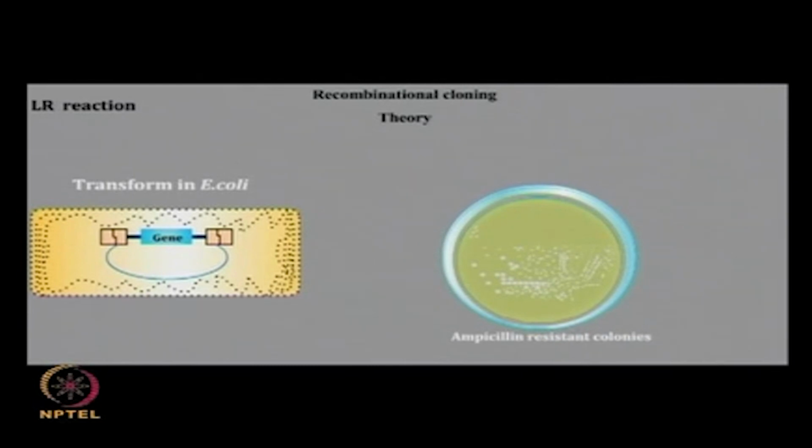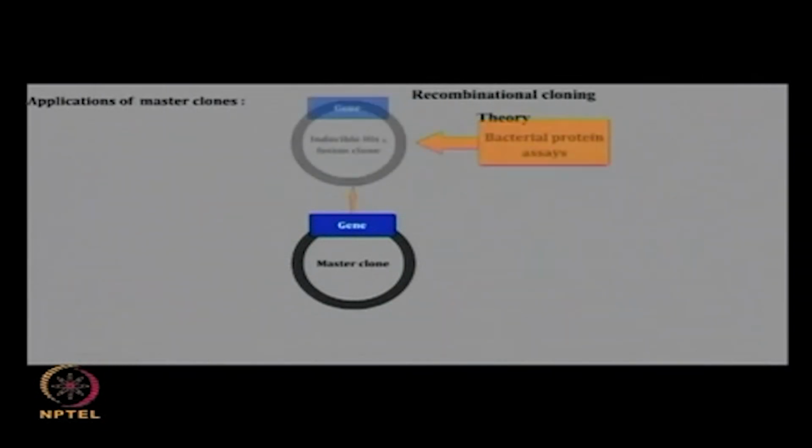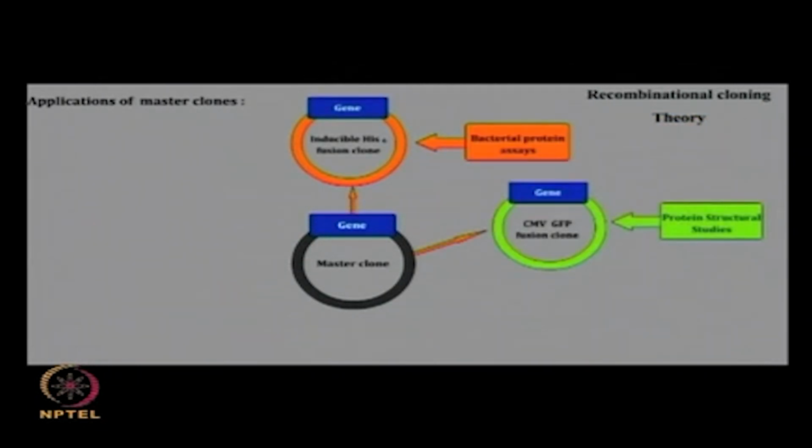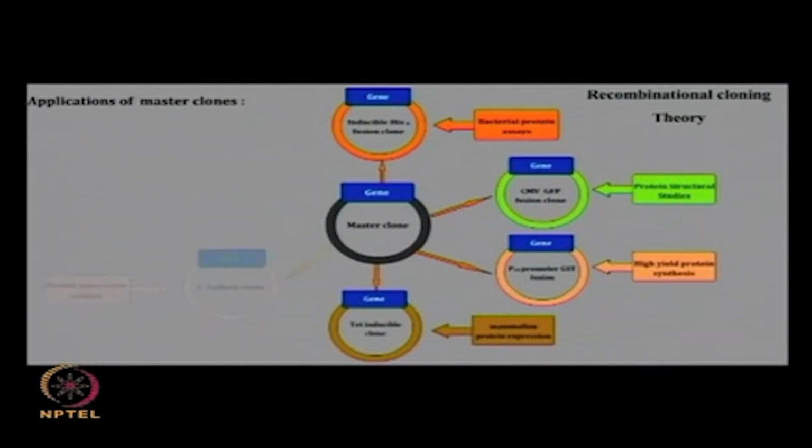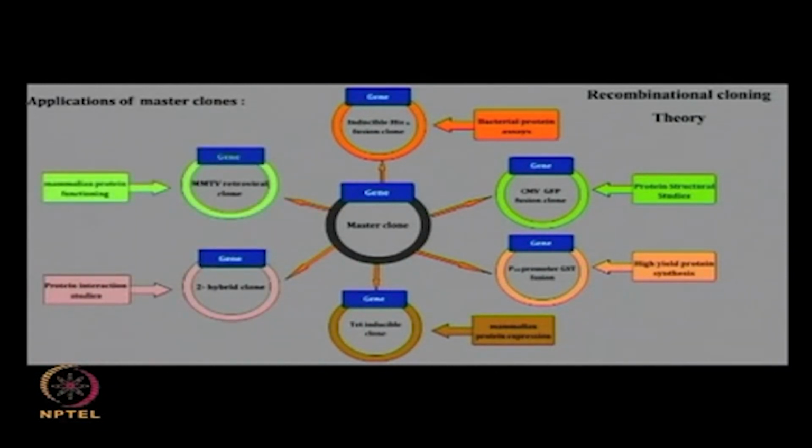Therefore, this recombinational cloning process provides significant advantages over conventional cloning techniques. These master clones can be used for several applications. The gene in the master clone can be transferred to various destination vectors by means of the LR reaction to produce expression clones for several applications.